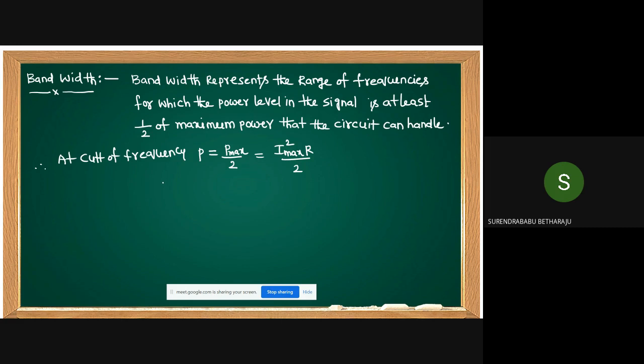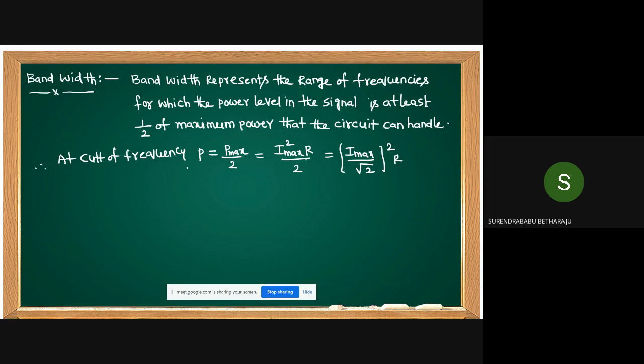Then I maxima by root 2 whole square into R. That means power is P maxima by 2 means current is I maxima by root 2.